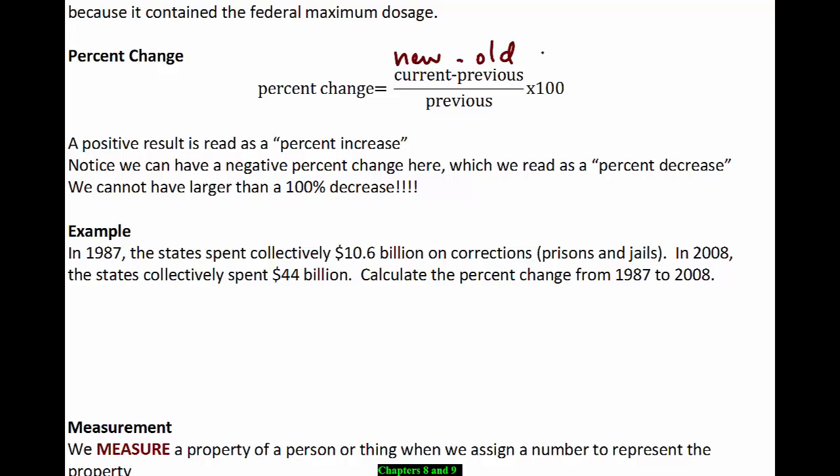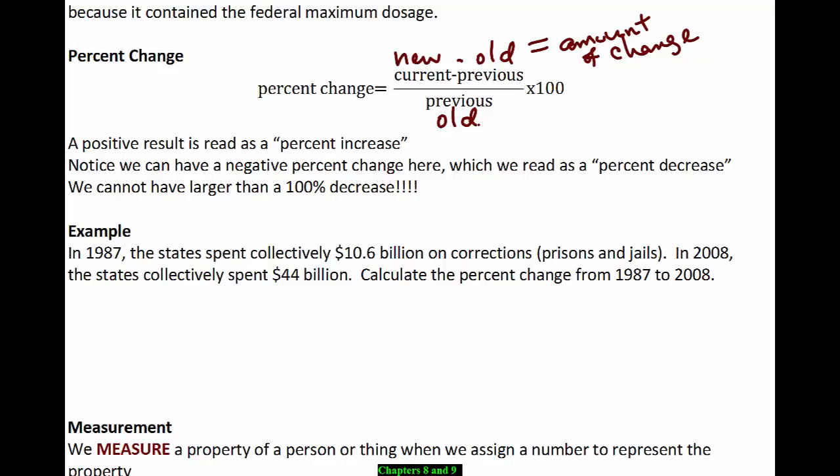This numerator is the amount of change over maybe a time period. In the denominator, you're measuring where you're dividing by where you started from. So you can either think of current minus previous divided by previous, or new minus old divided by old.